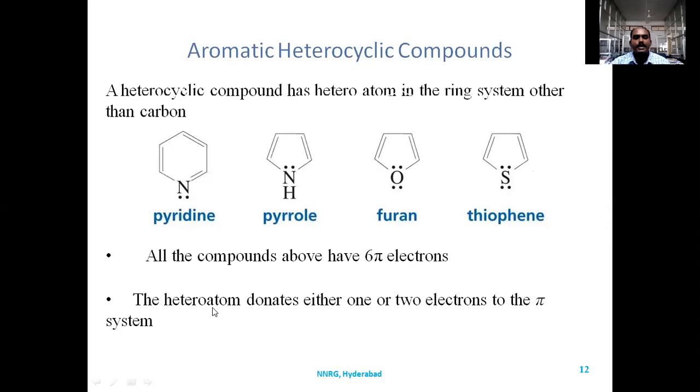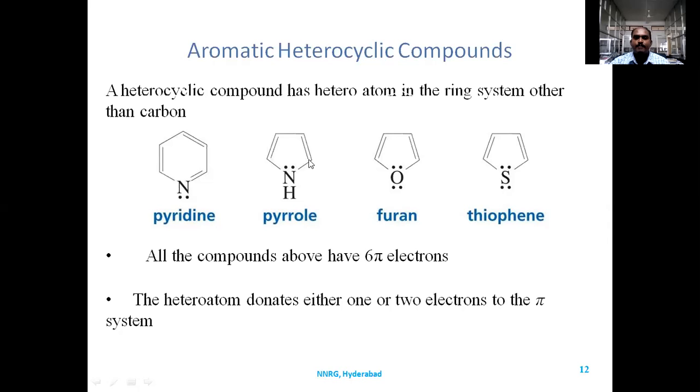The heteroatom sometimes donates 1 electron to the pi system, or sometimes it donates 2 electrons to the pi system. Pyridine is contributing only 1 electron to the pi system, because the carbons are contributing pi electrons and nitrogen has 1 p orbital. In total, 6 pi electrons are contributing to the pi system to form an aromatic system. So 6 pi electrons are there in pyridine. In pyrrole, only 4 carbon atoms are there.